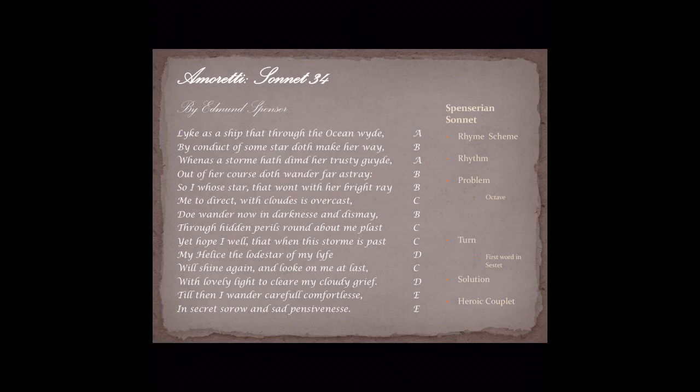No, way does not rhyme with wide, so you would label it B. Guide does rhyme with wide, so you would label it A. Astray rhymes with the last word in the second line, so it would be a B, and so forth.